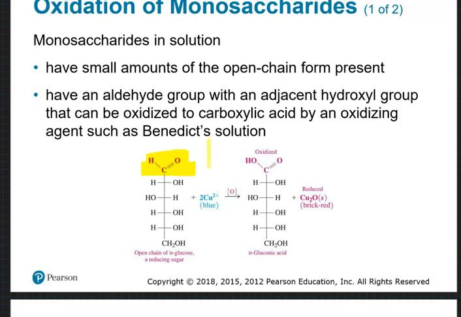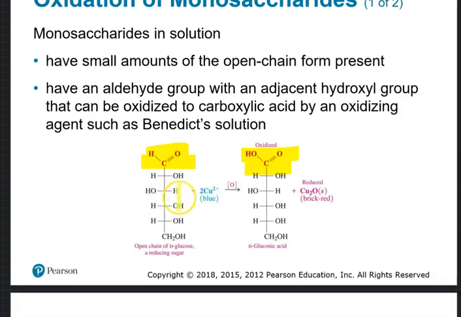So this aldehyde group, if it's an aldose, can be oxidized to an acid, and this picture of monosaccharides is used to determine them in the solution using Benedict's test. We talked about Benedict's test when we covered aldehydes.